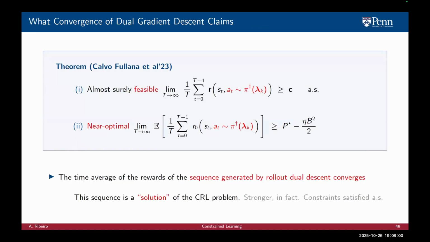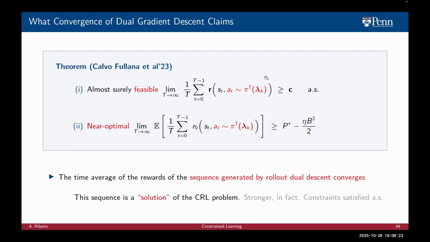And I am now pointing out something that I didn't point out before, that this sequence of actions does solve the problem that I want to solve. I cannot, however, stop the algorithm and be done with it, which is what we typically do in learning. So we train, and after we train, we fix a policy. That doesn't work.